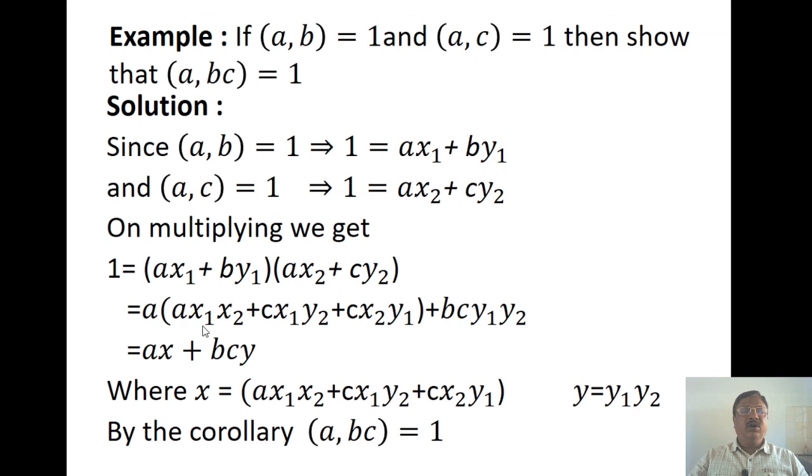So now all together this will be an integer which we take as x, plus BC into y, where x is A x1 x2 plus C x1 y2 plus C x2 y1, and y1 into y2 we have taken as y. So now by the corollary it implies the GCD of A and BC is 1, that they are relatively prime.